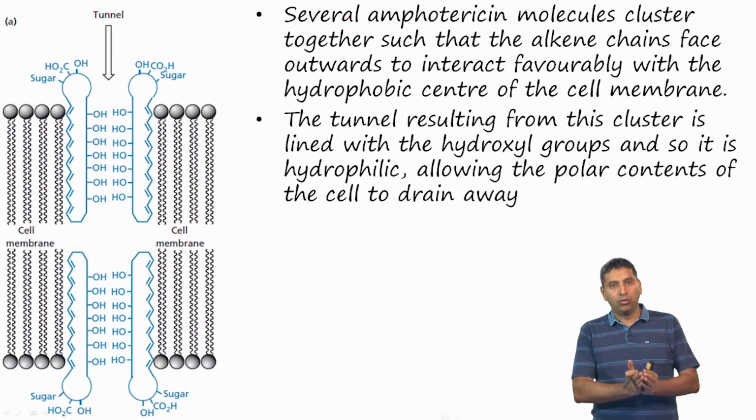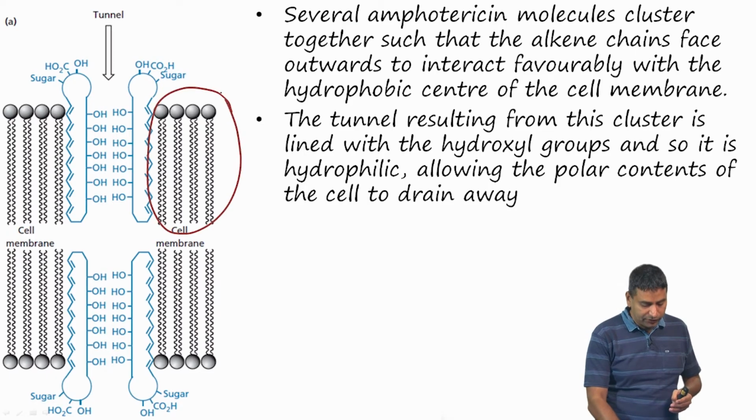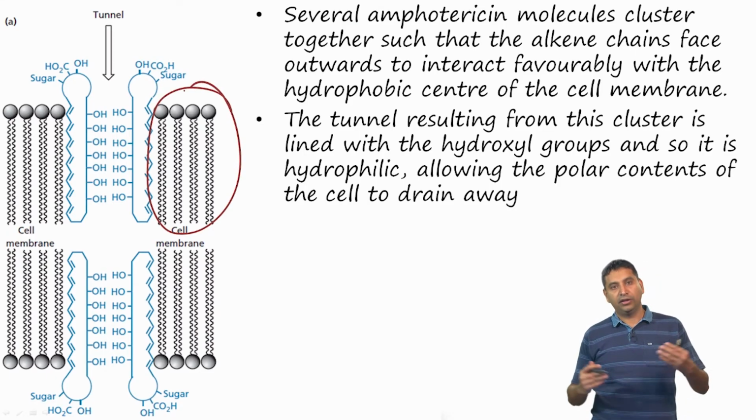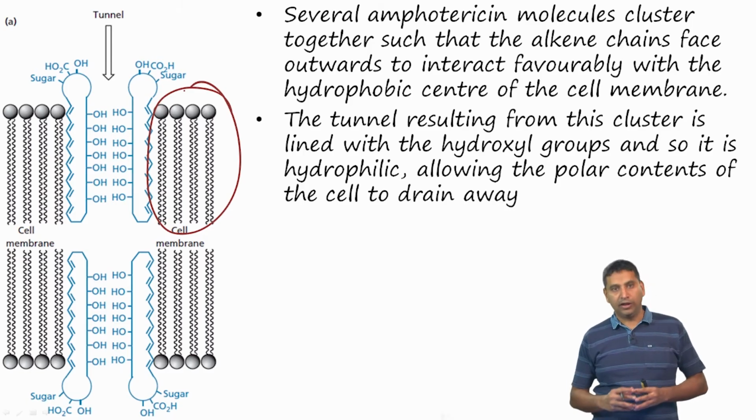As we already know, in a cell membrane, the area is mainly made of lipids, and the center, the internal part of the membrane, is quite hydrophobic, and the external part of the membrane is quite hydrophilic.